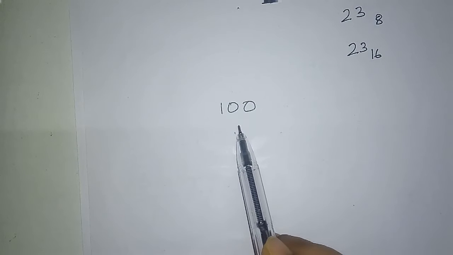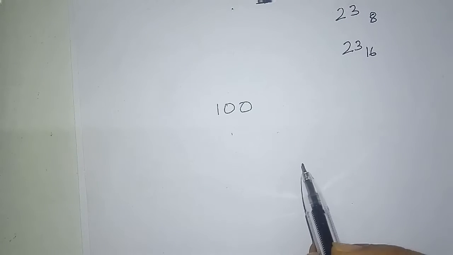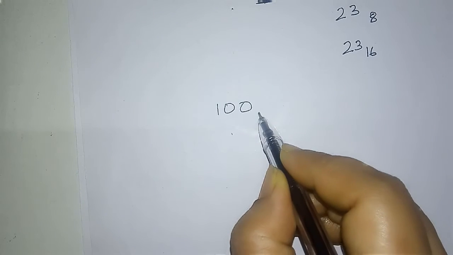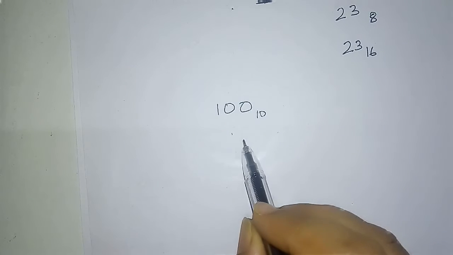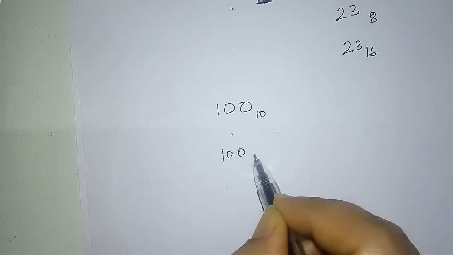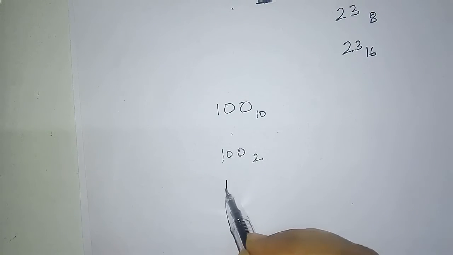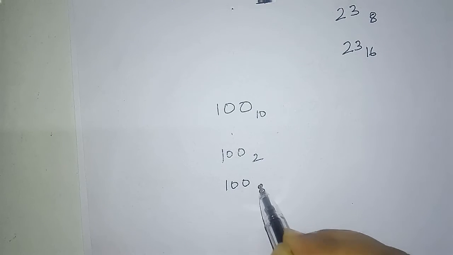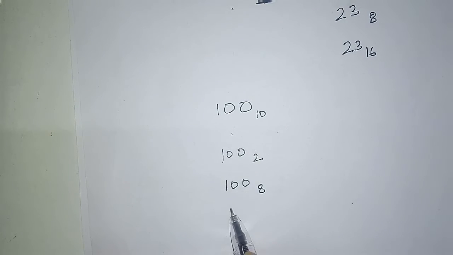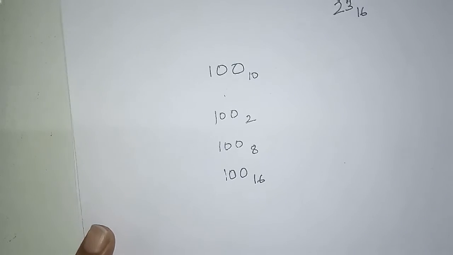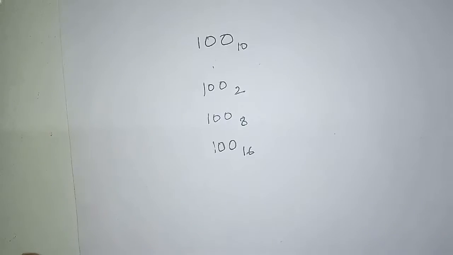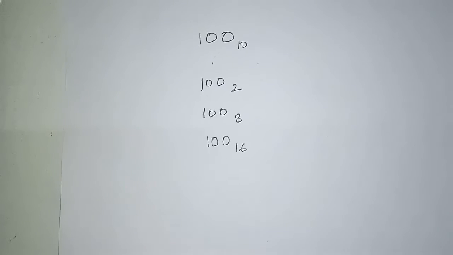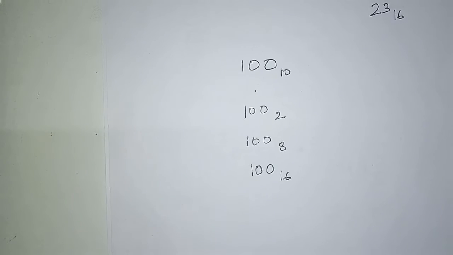So if we use this 100, the base is going to give it clarity. 100 with base 10 is represented in the decimal number system, 100 with base 2 in the binary number system, 100 with base 8 in the octal number system, and 100 with base 16 in the hexadecimal number system. So I hope you got the idea of what the base means. Base gives clarity as to which number system a particular number belongs to.